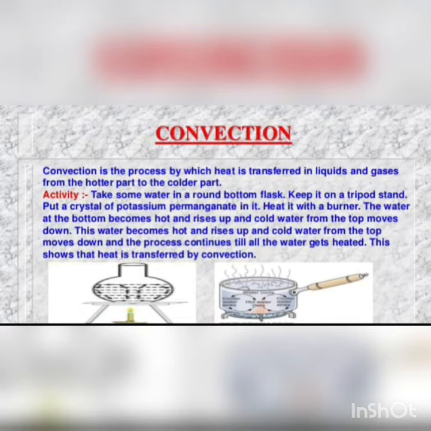The water at the bottom becomes hot and rises up, and cold water from the top moves down. This water becomes hot and rises up, and cold water from the top moves down, and the process continues till all the water gets heated. This shows that heat is transferred by convection.